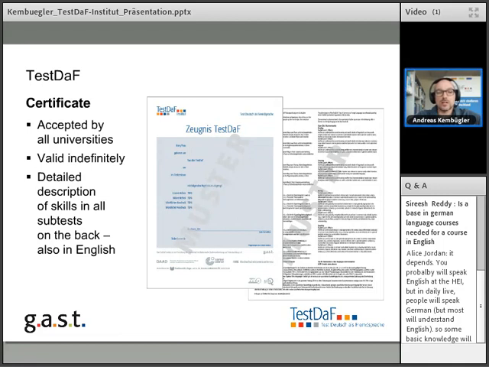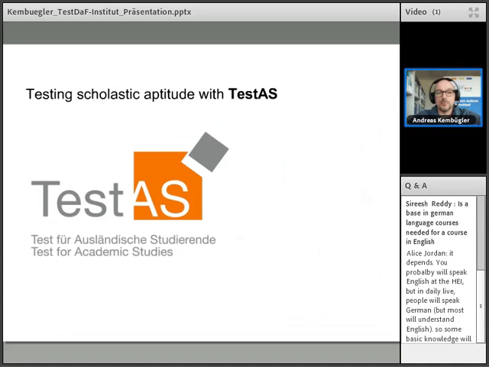And these explanations are not only important for the university, they are of course important if you want to apply at a German-speaking company, wherever it is. And those explanations are in German and in English as well.